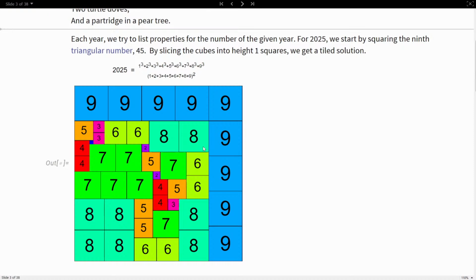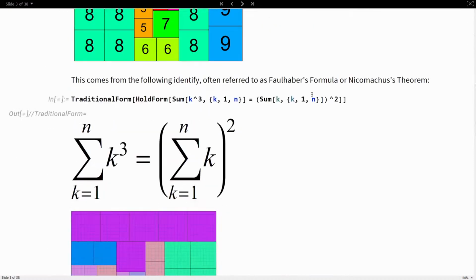You could rearrange these into an order 1 cube, order 2 cube, and so on. So the sum of the cubes is equal to the square of the sum, which is Faulhaber's formula, or the Nicomachus theorem. The sum of the cubes is equal to the square of the sum.